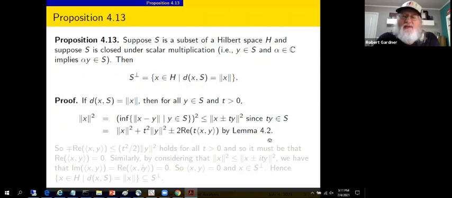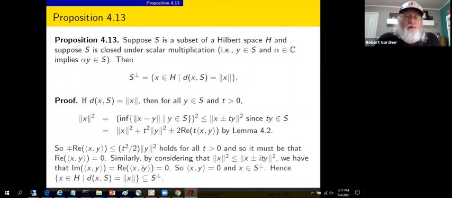We've seen in the past in Lemma 4.2, interpreting these inner products to be complex valued, that what we get here is plus or minus respectively 2 times the real part of t times the inner product, or we could bring that t outside as well. Now, if we rearrange this, we've got an inequality here.